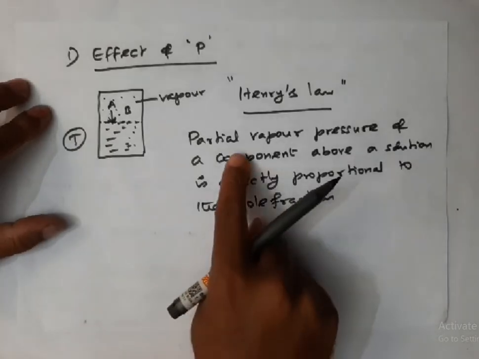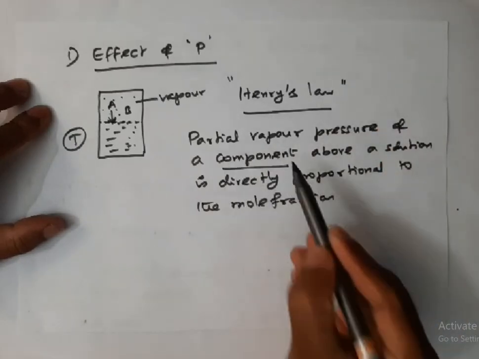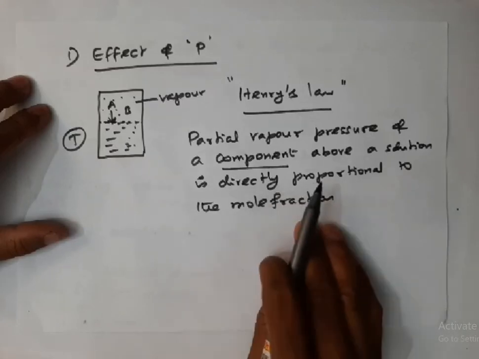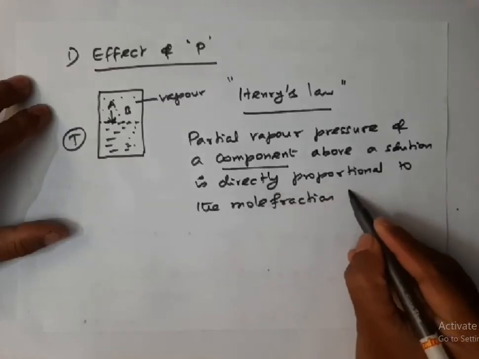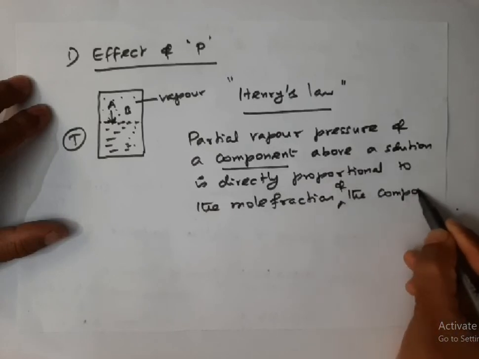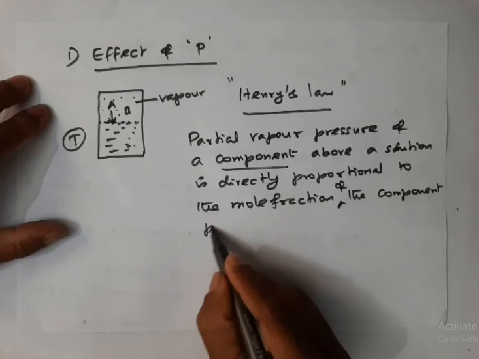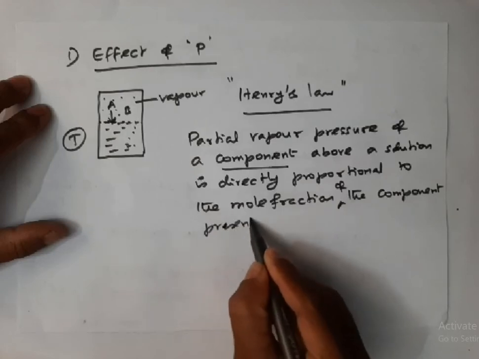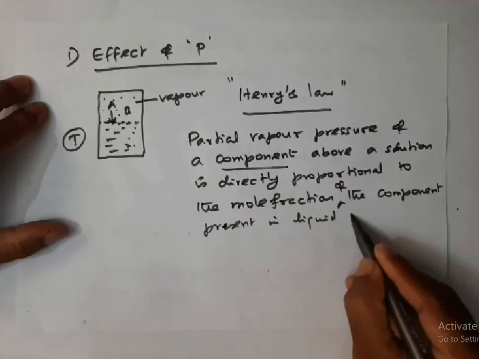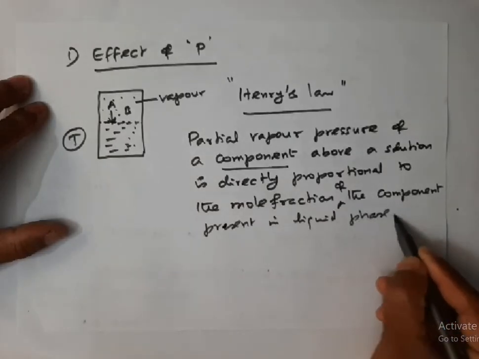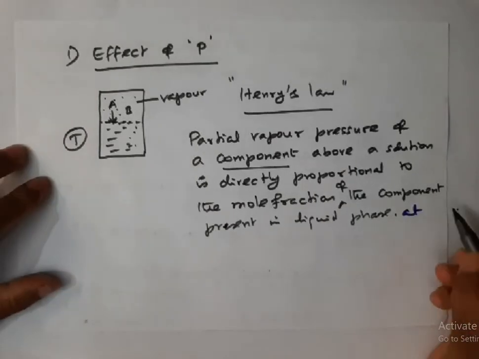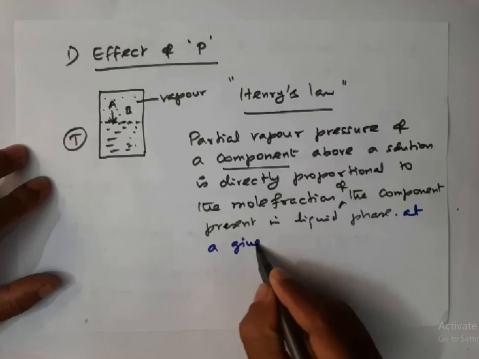I'll repeat. Partial vapor pressure of a component above a solution is directly proportional to the mole fraction of that component present in the solution, present in the liquid phase, at a given temperature T.